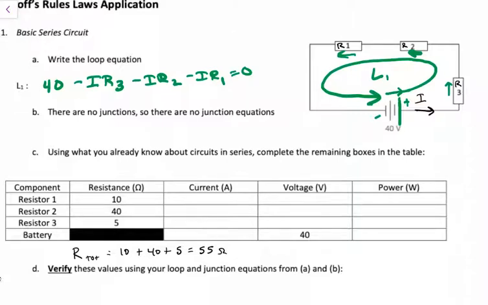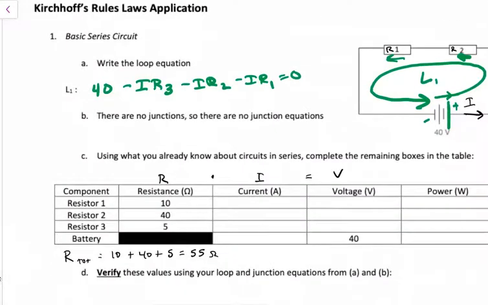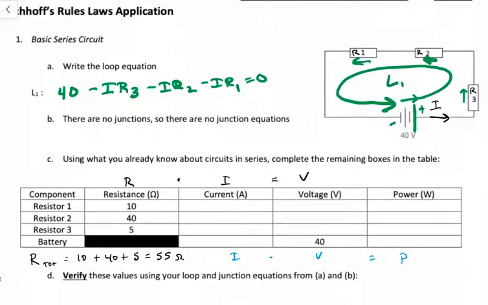And we also know that R times I is equal to V, and also that I times V is equal to my power. So use that information and solve for the rest of the values. I'm going to pause this, and when we come back, I want you and myself to be done.